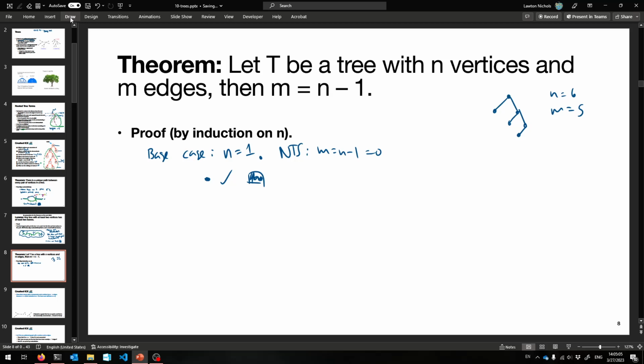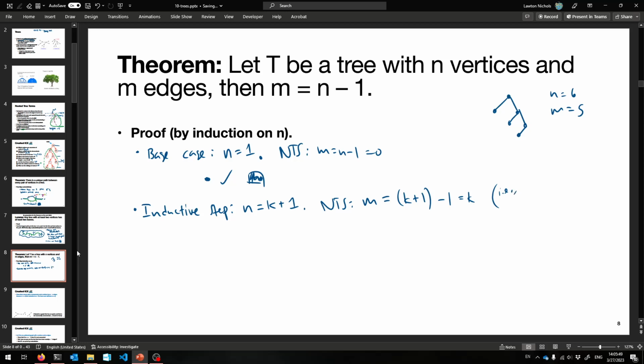And then for our inductive step, what we're going to do is assume that we can do it for a smaller tree and try and use that fact for a bigger tree. All right? And this is where our lemma is going to come in. So inductive step. All right, so we have some number of nodes in our tree that's like k plus 1, right? That's how induction works. What we need to show is that the number of edges in this tree with k plus 1 nodes is equal to our number of nodes minus 1, so k plus 1 minus 1, which equals k.